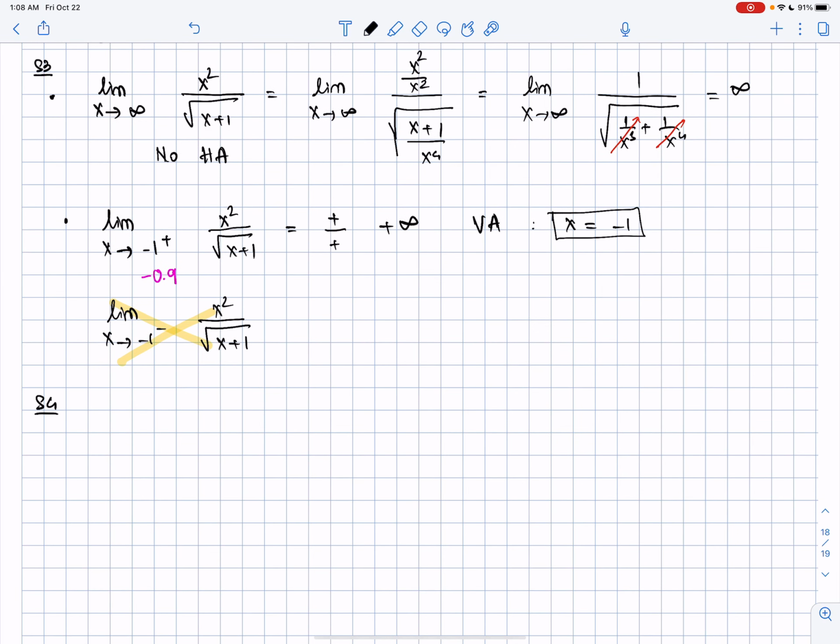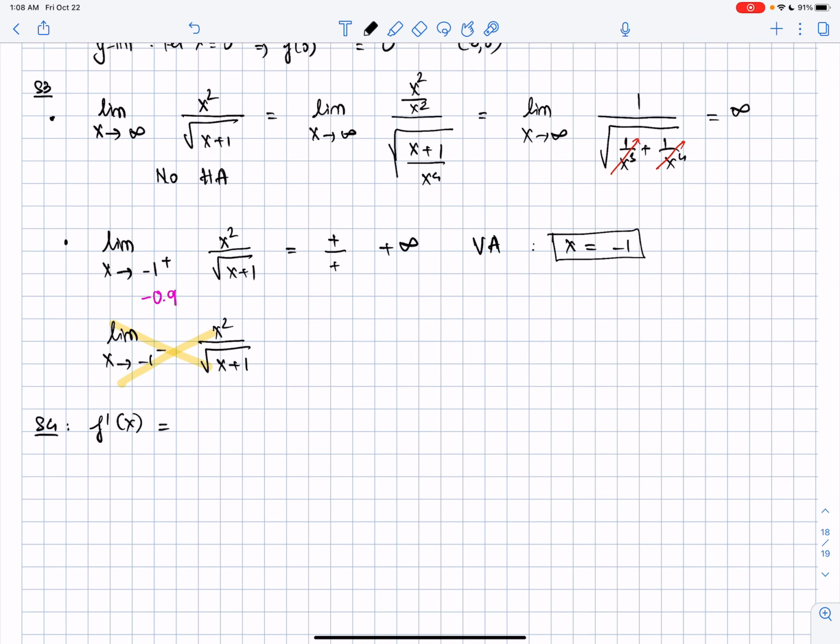Step number 4, we compute f prime so that we can find the increasing and decreasing intervals. We will use the quotient rule. In the bottom, we will have g squared. On the top, we will have g, which is the square root of x plus 1, times the derivative of f of x, minus f of x times the derivative of g.